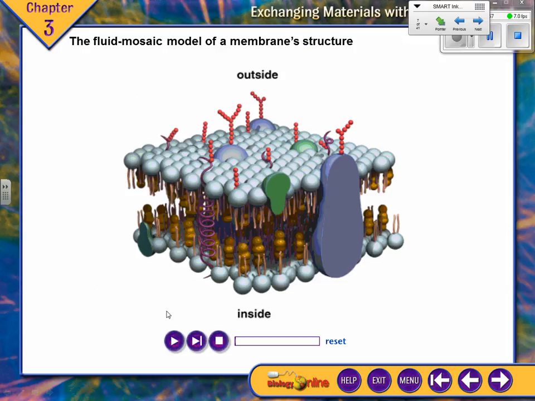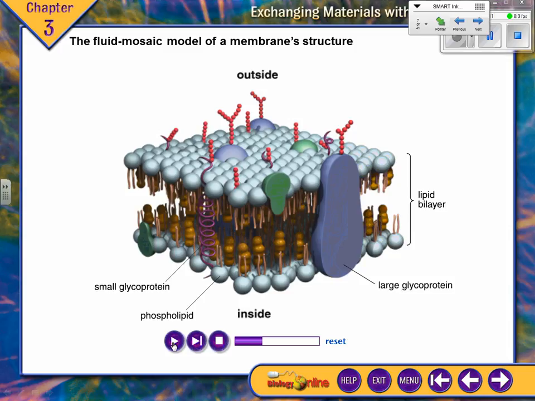Okay, let's check this one out. Membranes are composed of a lipid bilayer and proteins. The bilayer of phospholipids provides fluidity. Some proteins that are embedded in membranes have sugars attached to them and are called glycoproteins. Sugars also can be attached to the heads of membrane lipids, creating glycolipids.